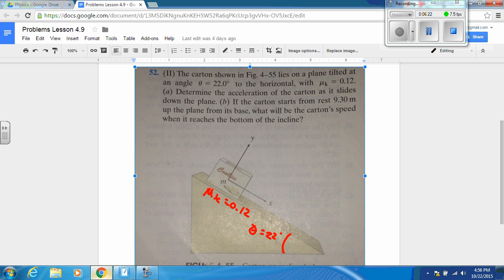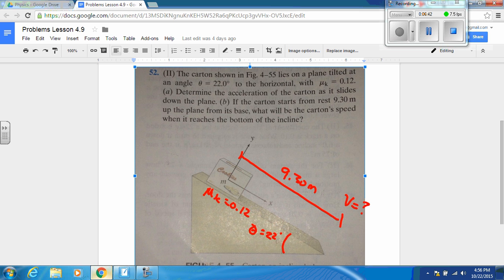Determine the acceleration of the carton as it slides down the plane, and if the carton starts from rest 9.3 meters up the plane from its base, then what will the carton's speed be when it reaches the bottom of the incline?